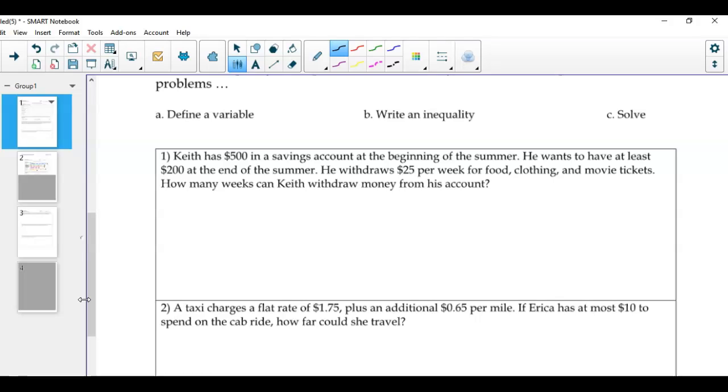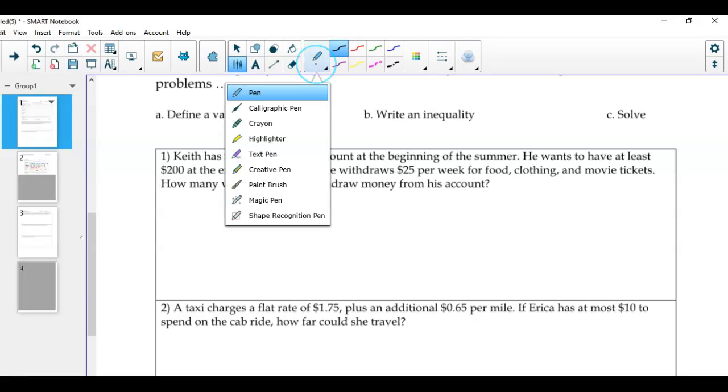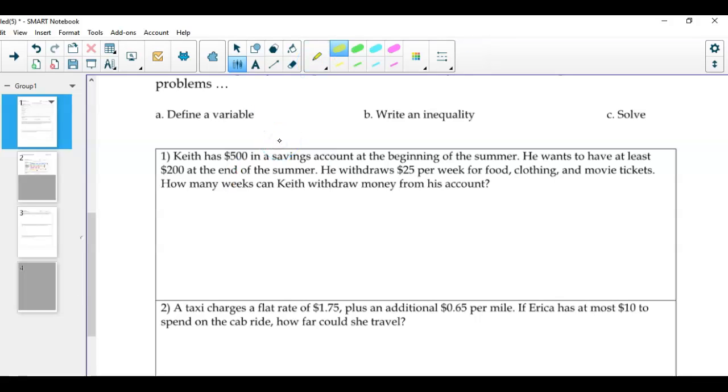Keith has $500 in a savings account at the beginning of the summer. He wants to have at least $200 at the end of the summer. He withdraws $25 per week for food, clothing, and movie tickets. How many weeks can Keith withdraw money from his account? So things that are important: we have $500 in a savings account at the beginning.